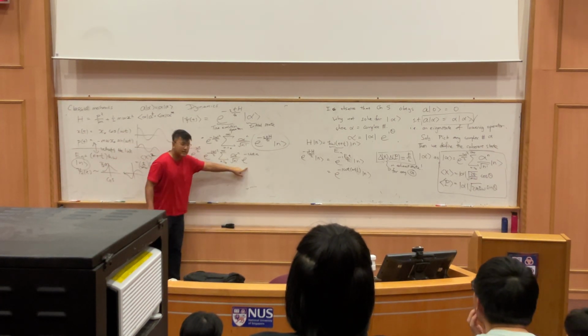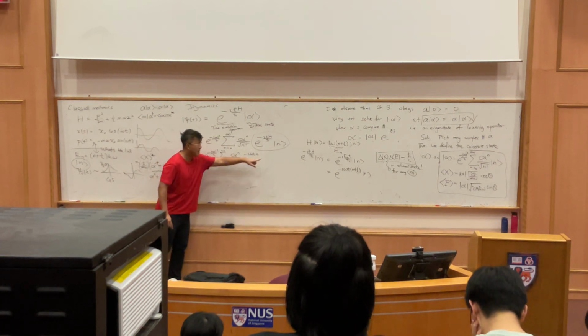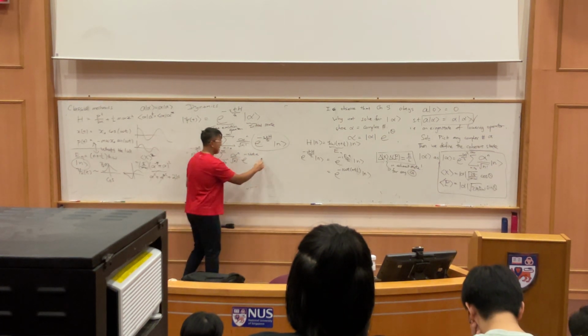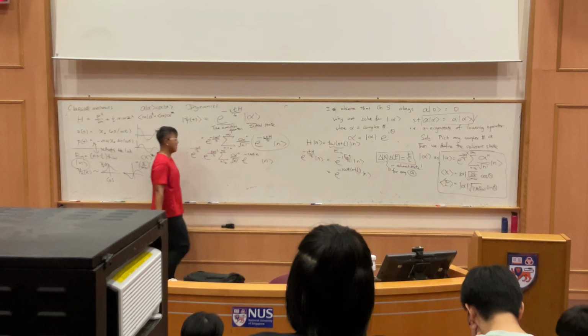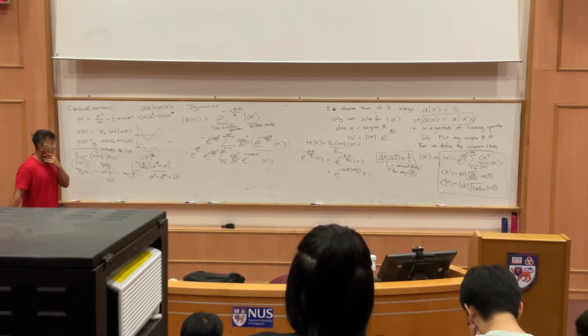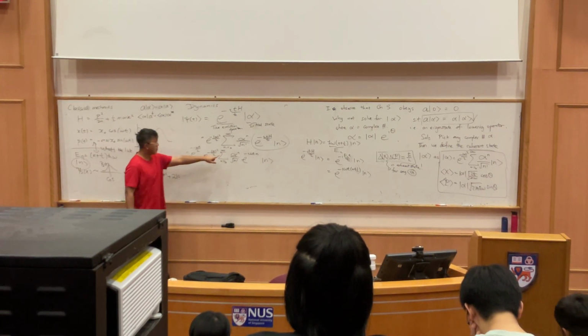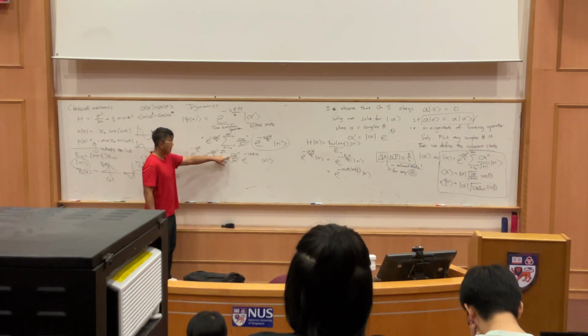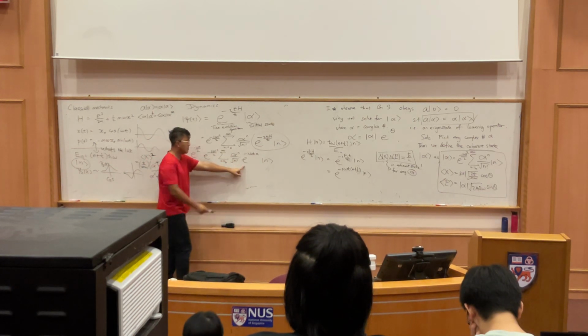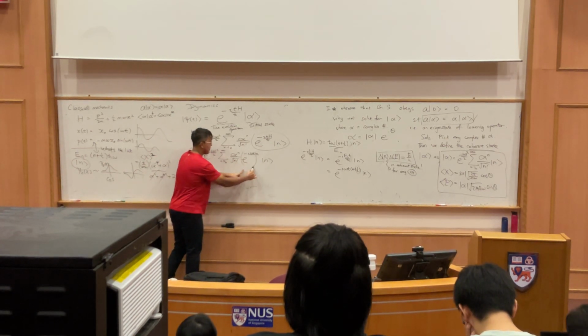So I get a phase e to the power minus i omega t times n because of that. But hang on, that's a complex number raised to the power of n. This is also a complex number raised to the power of n.